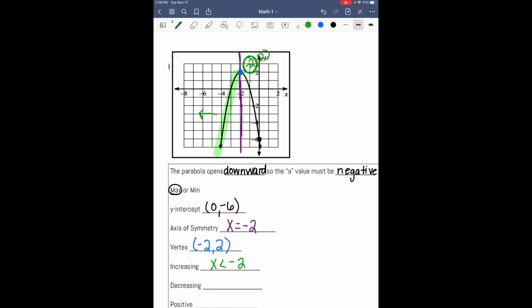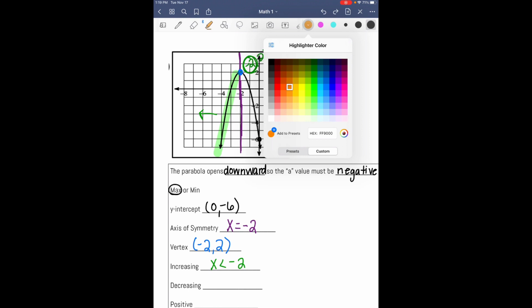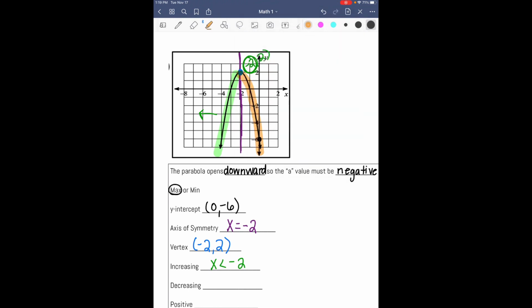So it's increasing on the interval x is less than -2. All right, and then we're going to continue, and it's going to decrease. And as it's decreasing, that means that it is decreasing when x is on the right side. So it's going to be greater than -2.